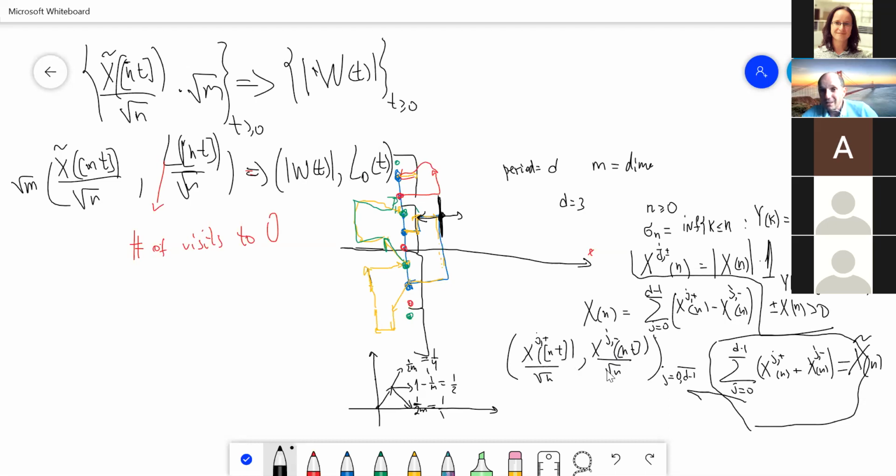Then if I show that the limit process is continuous, then description of the limit of x and t over square root of n will be a corollary of the continuous mapping theorem.